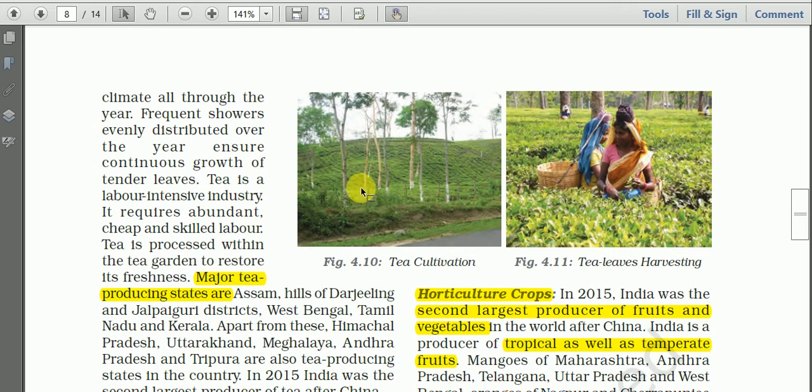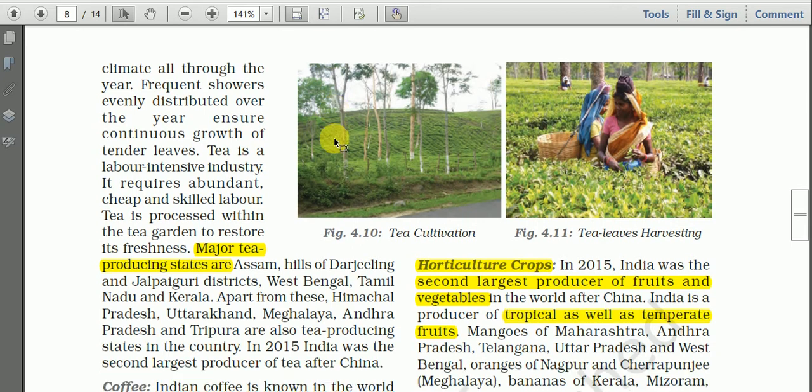In between the two tea bushes you are seeing these trees growing, because the shade of the trees protects the tender leaves from the bright sunlight. That is why we grow these trees in the midst of the tea garden.